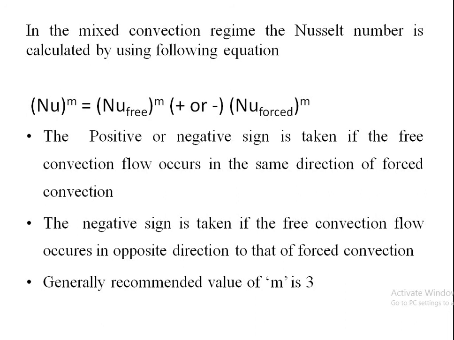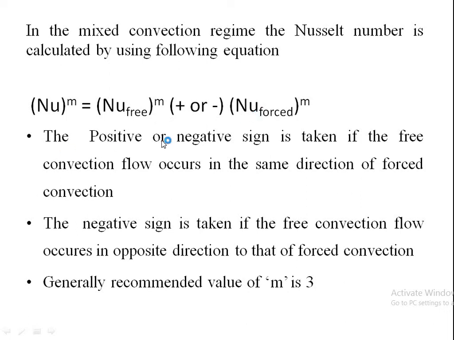Now, in the mixed convection regimes, the Nusselt number is calculated by using the following equation. Nusselt number raised to m is equal to the Nusselt number for free convection raised to m, plus or minus the Nusselt number for forced convection raised to m. Here we have to add or subtract the Nusselt numbers obtained from free convection and forced convection.